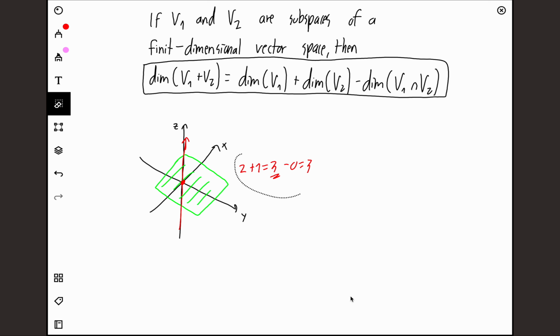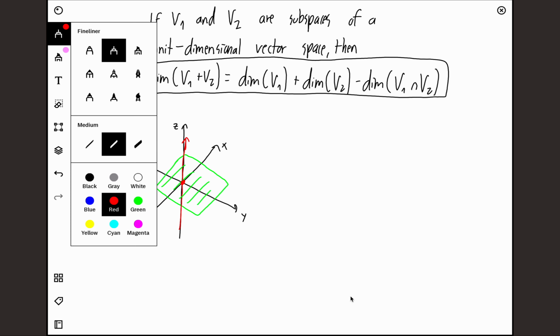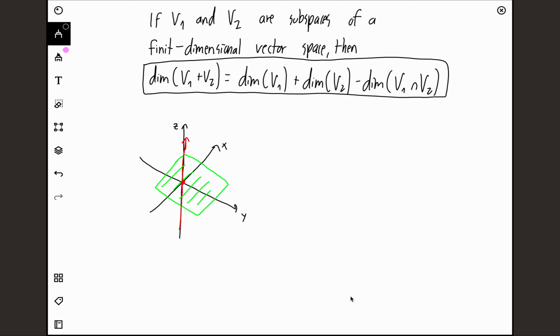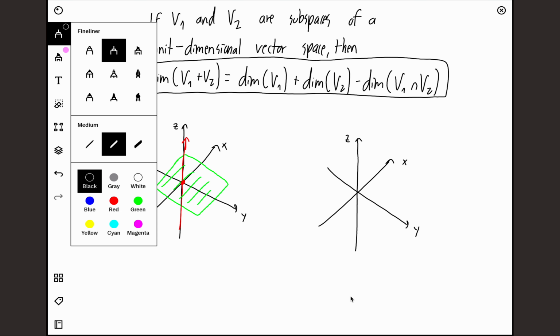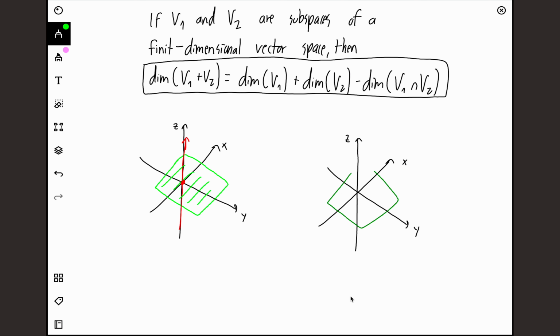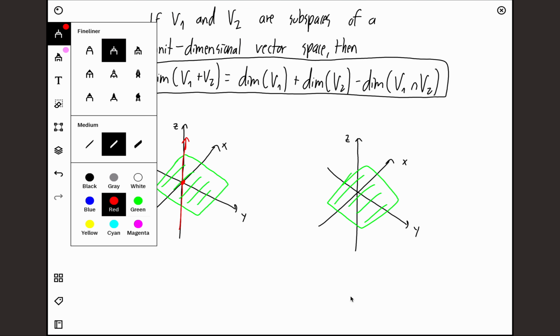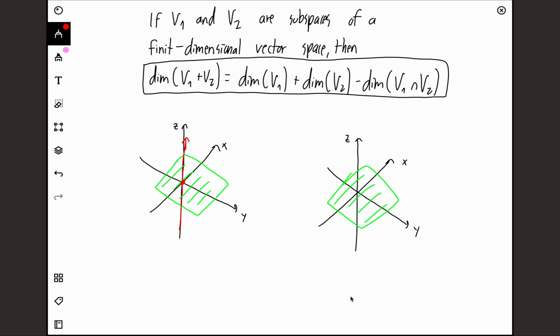But now, in a 3D space, imagine we have two planes. Again, we have X, Y, Z. Imagine a 2D plane on the XY axes, and another plane on the ZX axes.